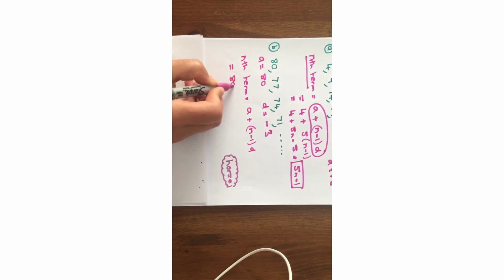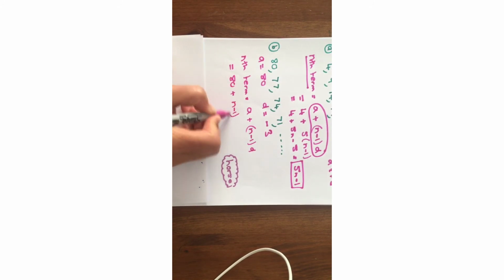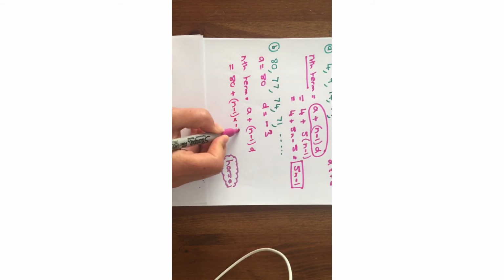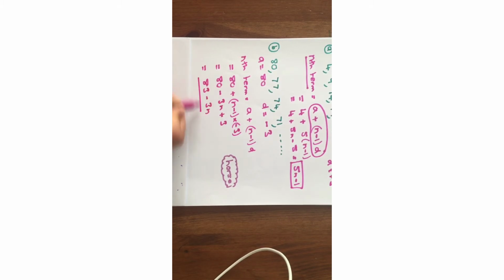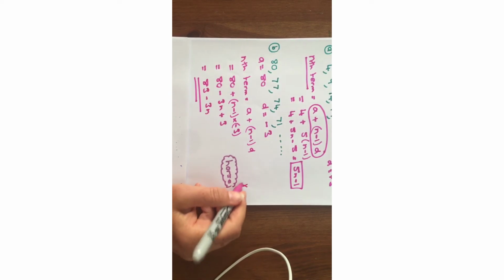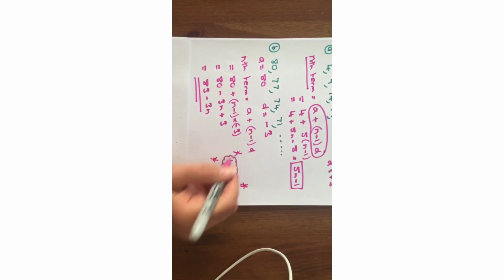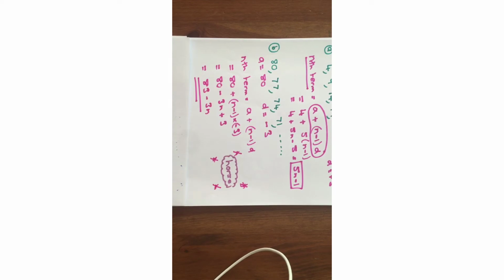So, a plus n minus 1 times negative 3. Be careful with the negative 3. So 80 minus 3 times n minus 3 times 1, or 83 take away 3n. My nth term. Okay, write down those into your book.